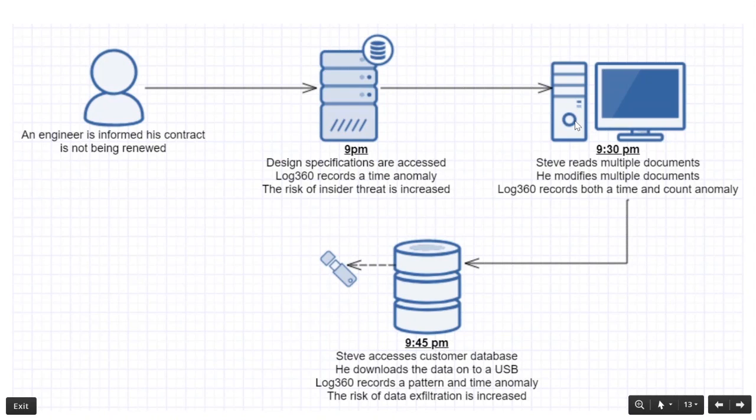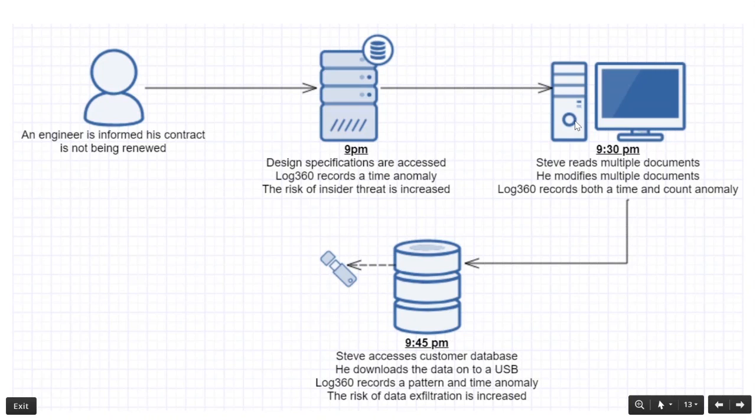And here is where a UEBA module, so Log360's UEBA module, will be able to record this as a time anomaly, because the user normally works at earlier hours, but he's doing some activity late at night at 9 p.m. So now there's a bit of a risk that maybe there is an insider threat, but you don't know. Now at 9:30 p.m., Steve, the name of this engineer, reads multiple documents and modifies multiple documents on the server.